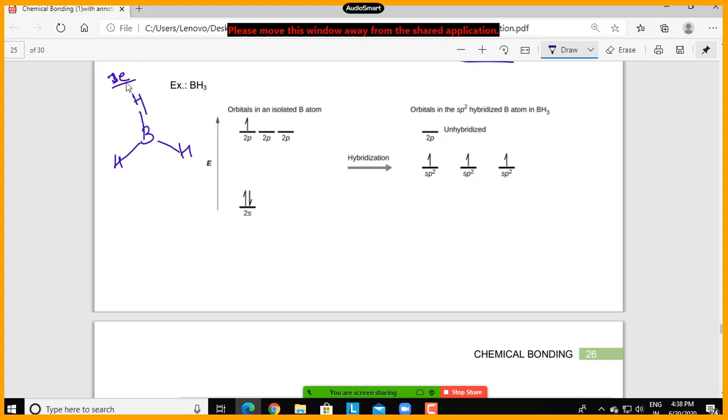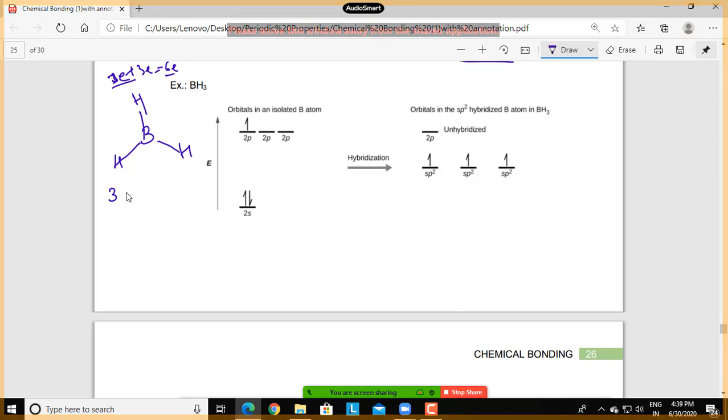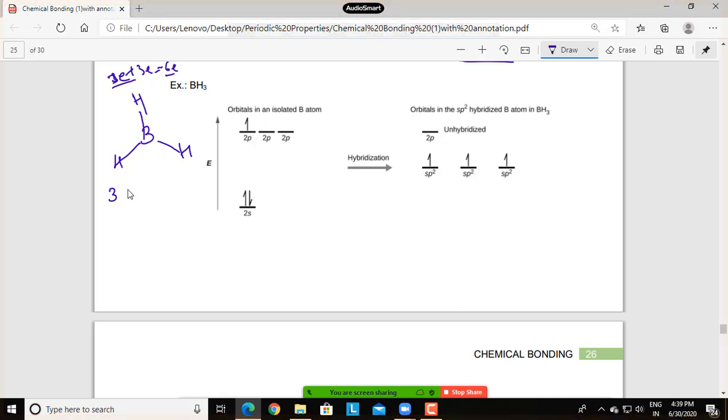So if it is making 3 bond, so it will have 6 electron. So this formation is done in valency bond theory like this. So boron makes 3 bond, so 3 unpaired electron must be there. So it requires number of sigma bond is equal to number of hybrid orbitals. Okay. So it will have 3 unpaired electrons.